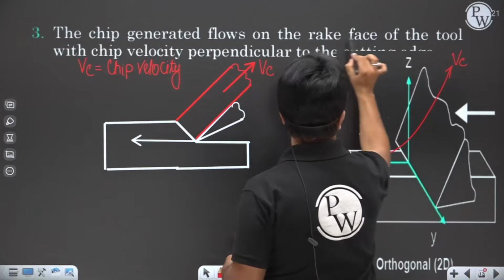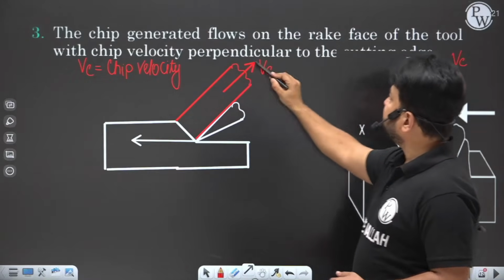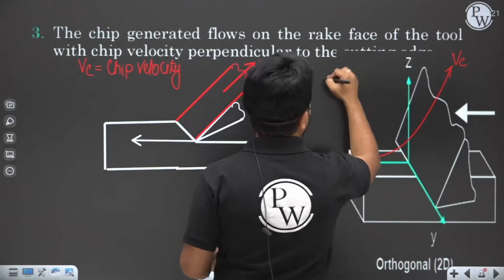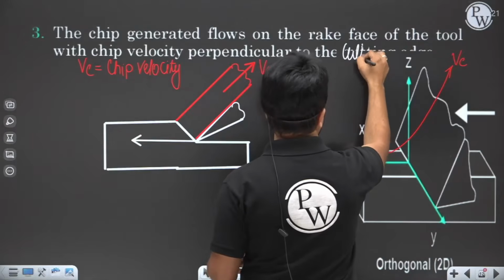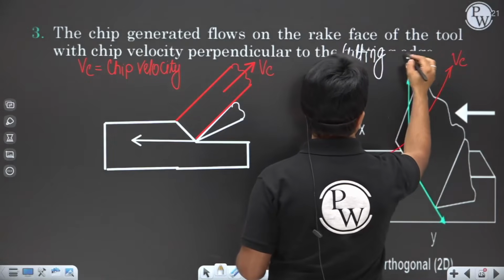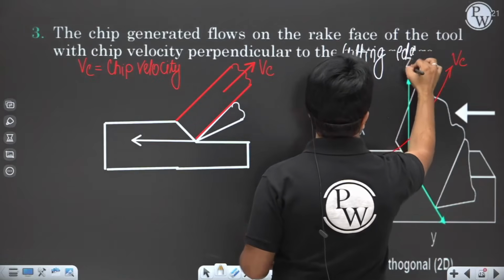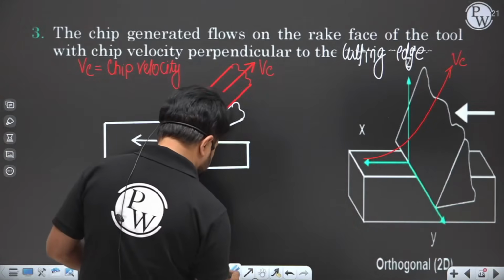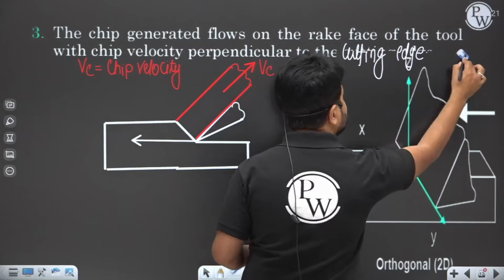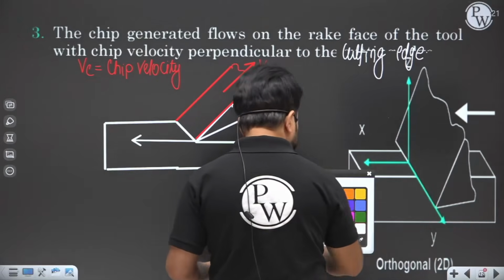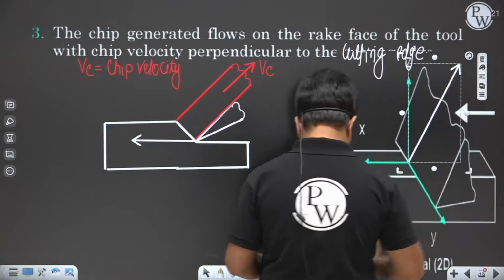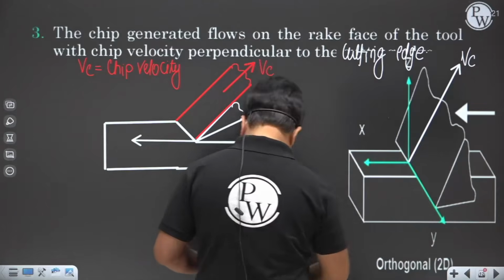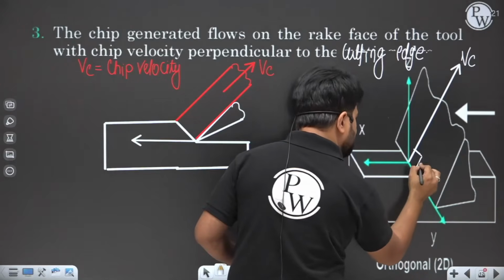The chip generated flows on the rake face of the tool with chip velocity perpendicular to the cutting edge.